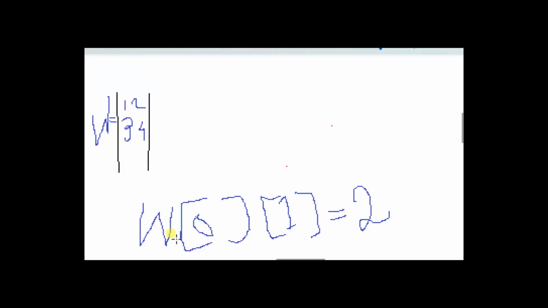This is W. If you need the number 2, how can we get that? We write the matrix name, give a big box like this, and write the column number of that element.